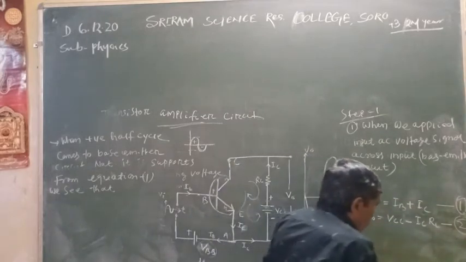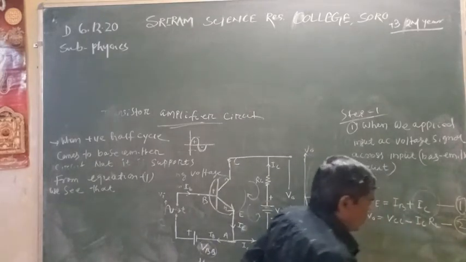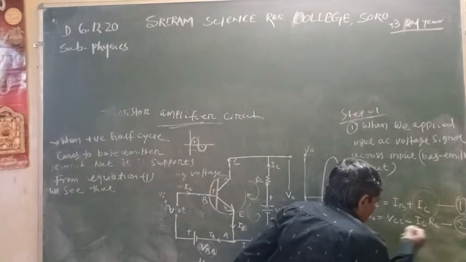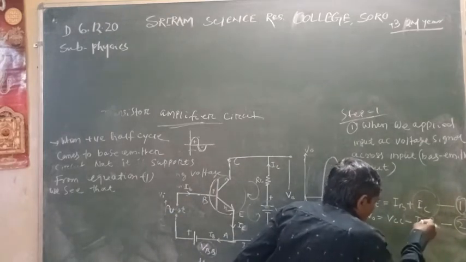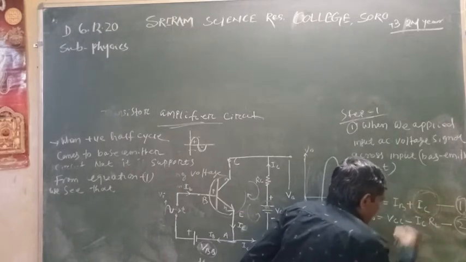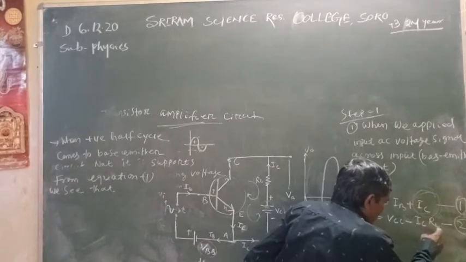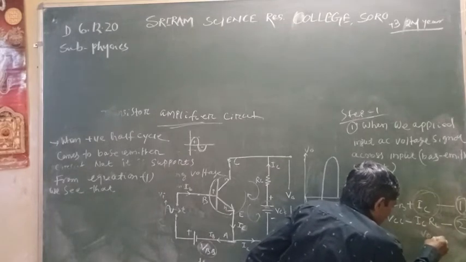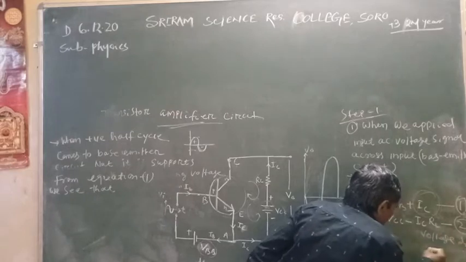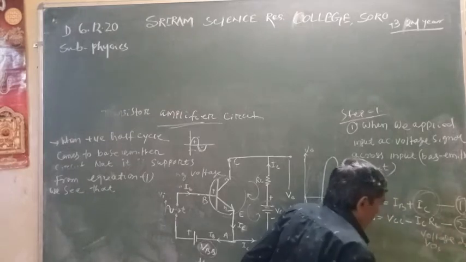Now when the collector current increased, from equation 2, the drop will be increased. IC into RL, that is the voltage drop. Voltage drop means output voltage V0.